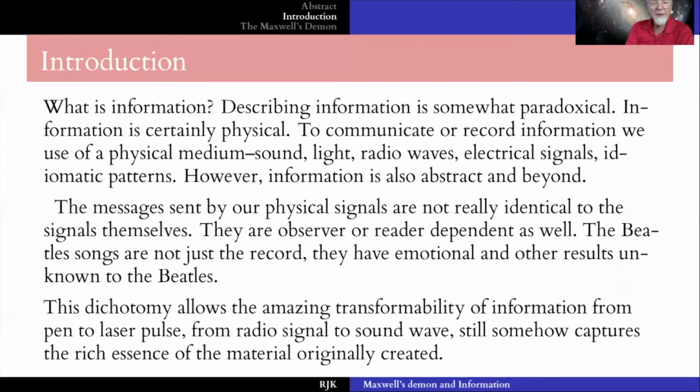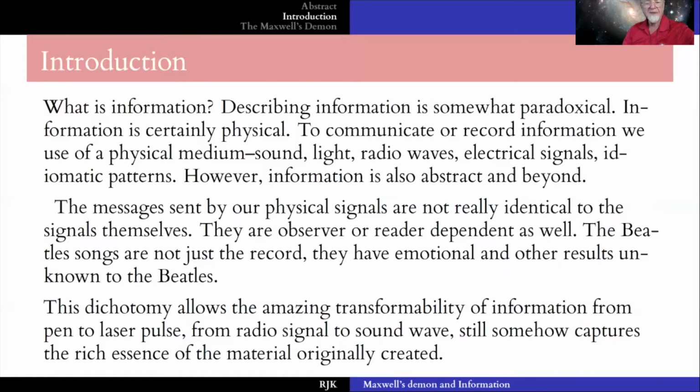So, what is information? Describing information is somewhat paradoxical. Information is certainly physical. To communicate or record information, we use a physical medium: sound, light, radio waves, electrical signals, idiomatic patterns. However, information is also abstract and beyond.